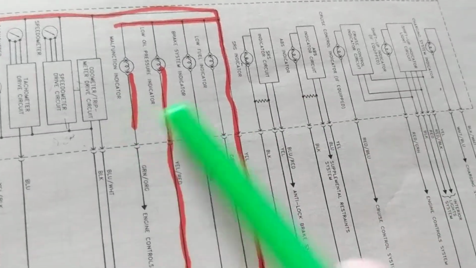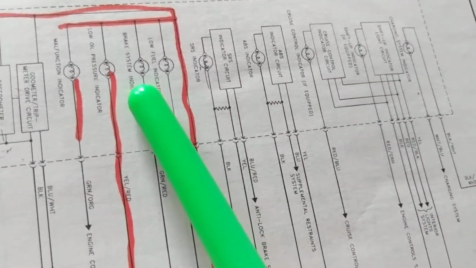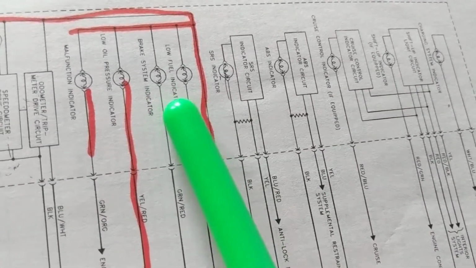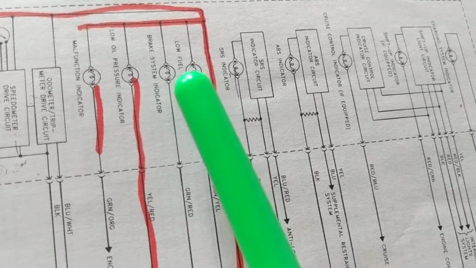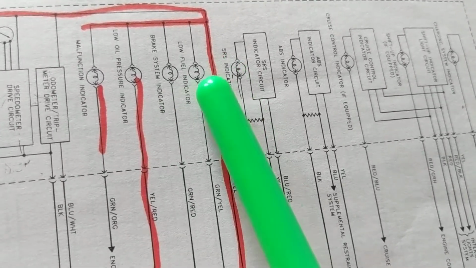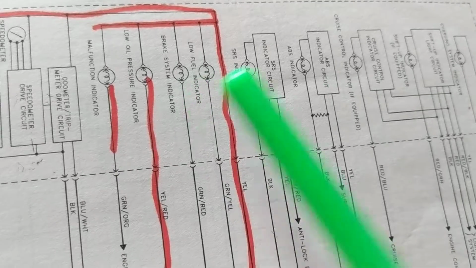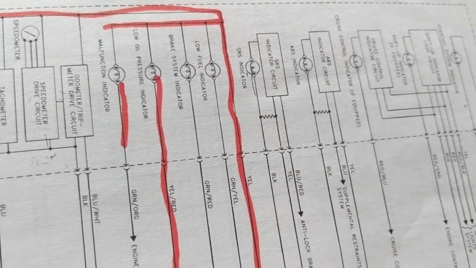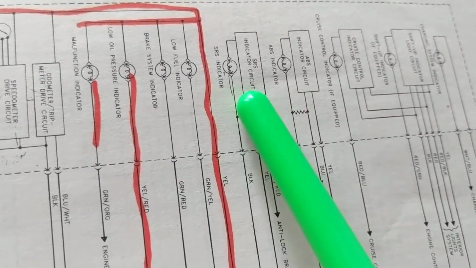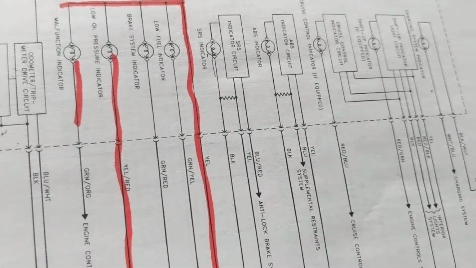And I mentioned there are bulbs. This is a symbol for a bulb. Each bulb has its purpose, obviously. One for the brake system indicator, one for the low fuel indicator, as we always see when we turn on the car. These are bulbs for other things, right?